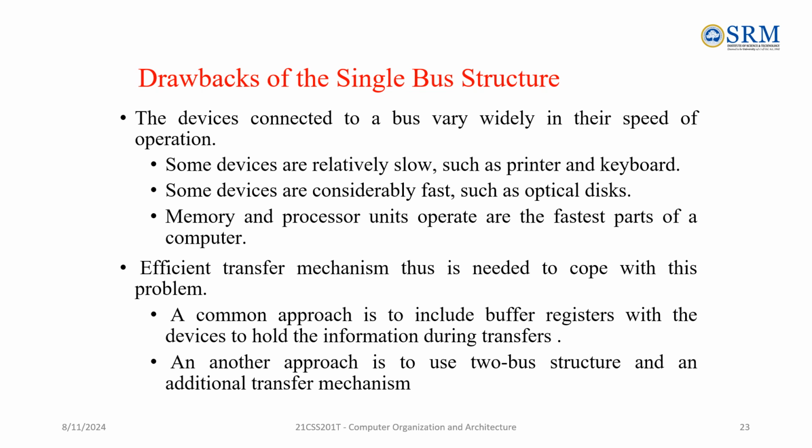So when you use a single bus, the data transmission due to slow speed devices pulls down the overall speed of the system. To overcome this, they include buffers: before the data is put onto the bus, the data is buffered into these registers, and when the full data has come, it is moved to the bus.